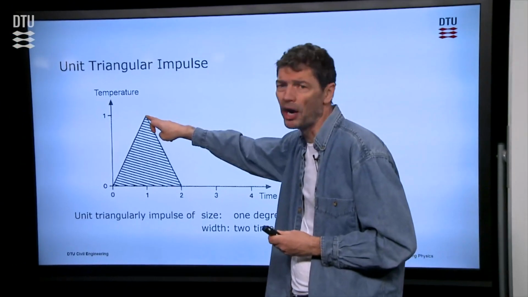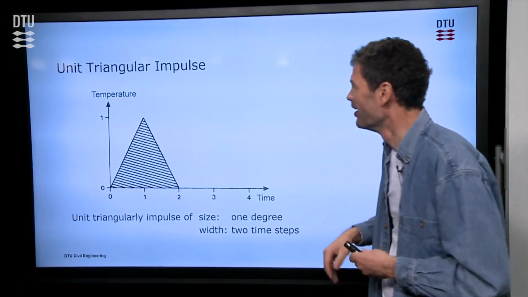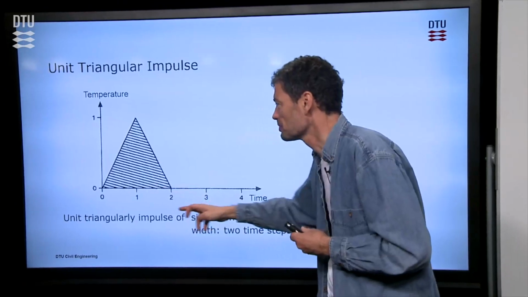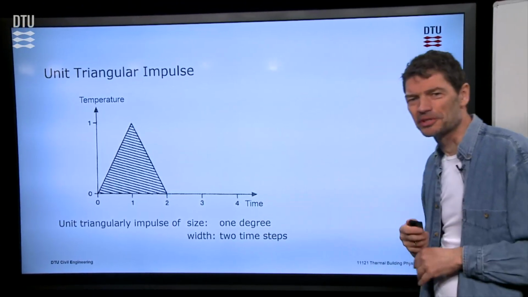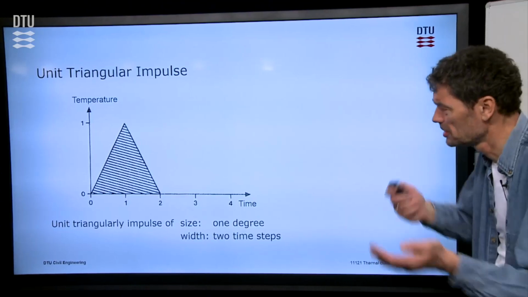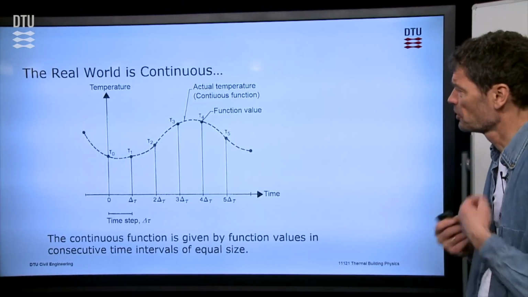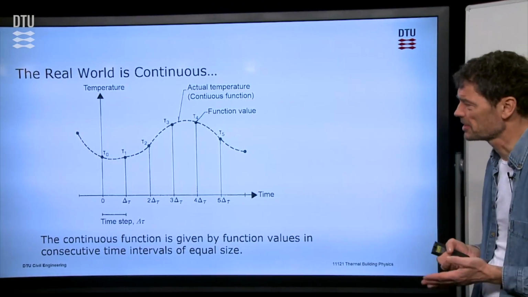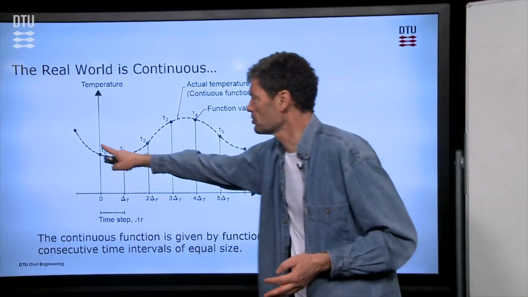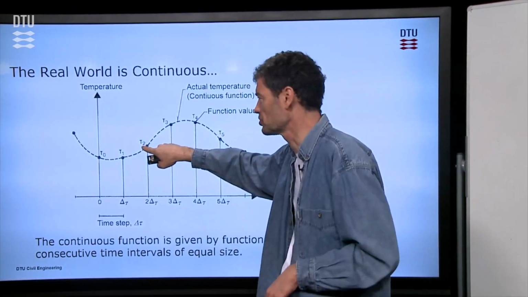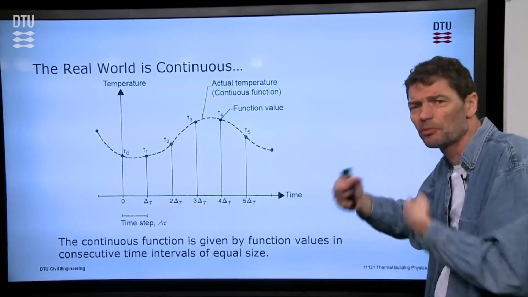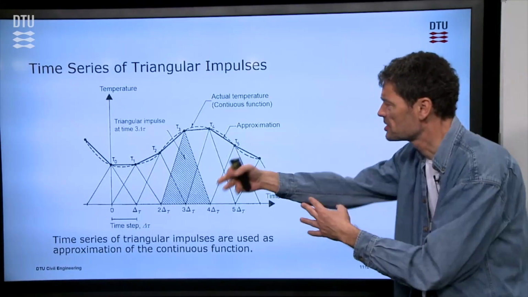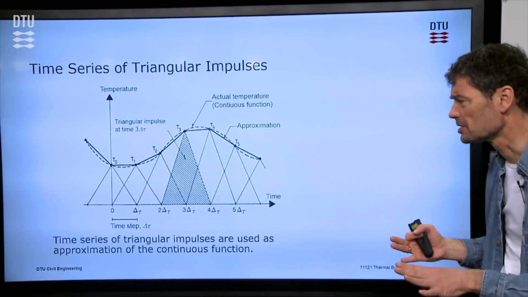It has a height of 1 degree and a duration of 2 hours, but it increases like a triangle, so the area is still one by one, a unit impulse in the shape of a triangle. We very often use this to represent a temperature curve on, say, the left-hand surface of the material, which really goes continuously. We can try to approximate that by a sequence of triangular impulses like this.